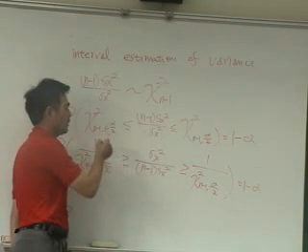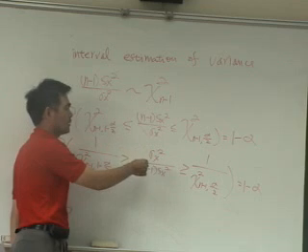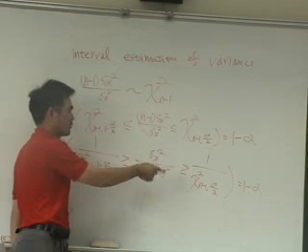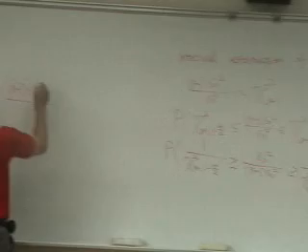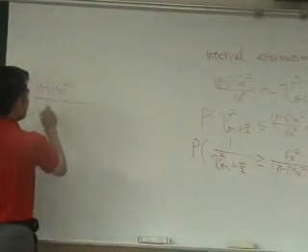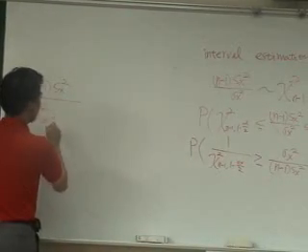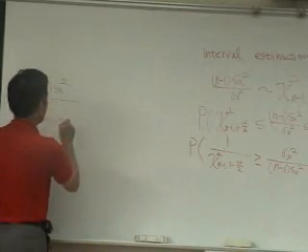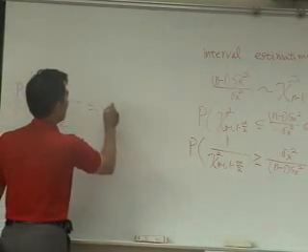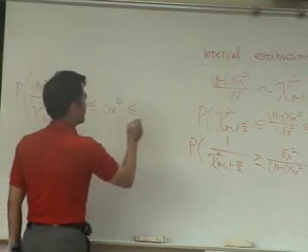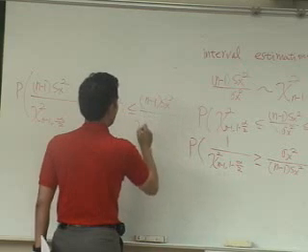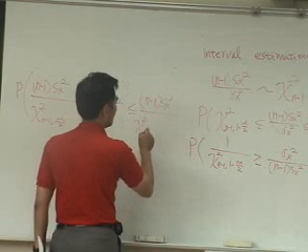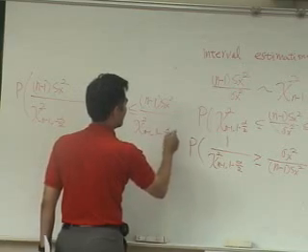If you multiply all three of them by (n minus 1) times s_x squared, then you're going to have (n minus 1) s_x squared over chi-square distribution n minus 1, alpha over 2, that's going to equal sigma_x squared, that's going to equal (n minus 1) s_x squared over chi-squared n minus 1, 1 minus alpha over 2.